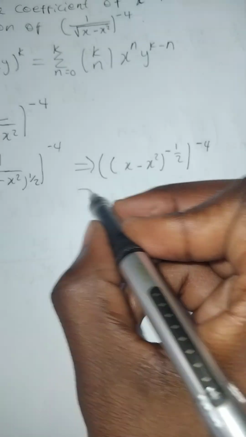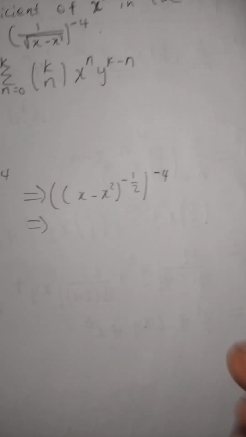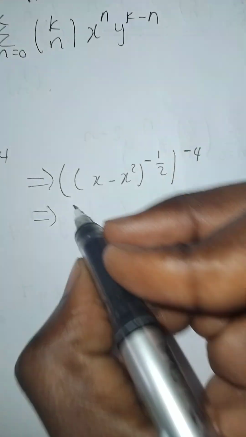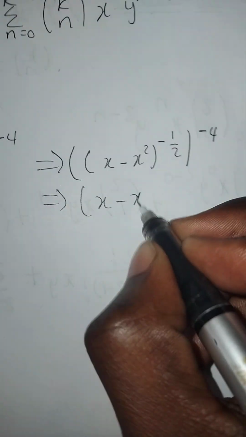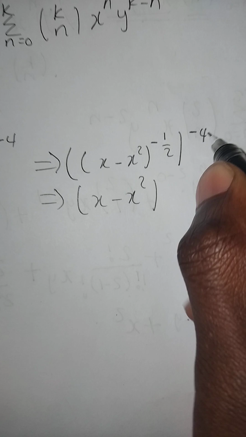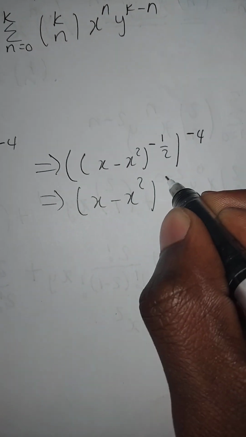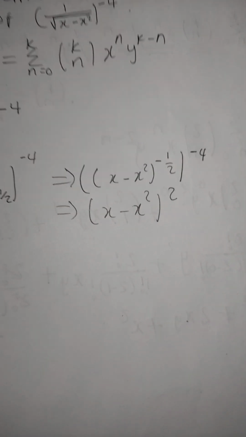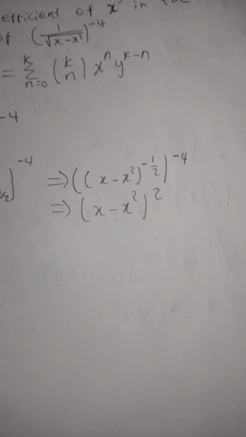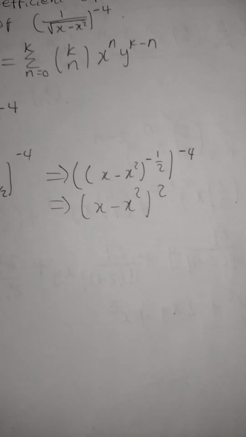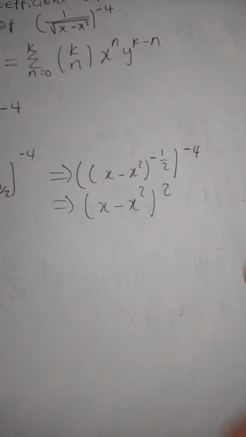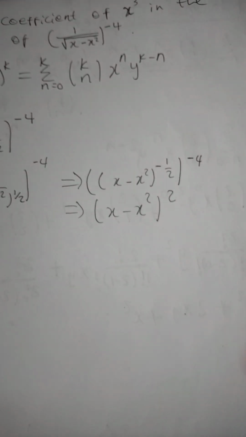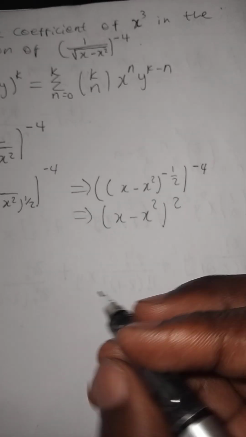When I multiply them, the negatives cancel, and 4 divided by 2 gives x minus x squared to the power 2. So sometimes they are not going to give you something in an easy form. You'll first have to manipulate it and put it in a format that is much simpler to work with.